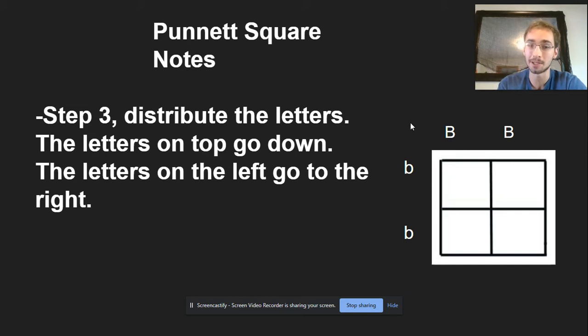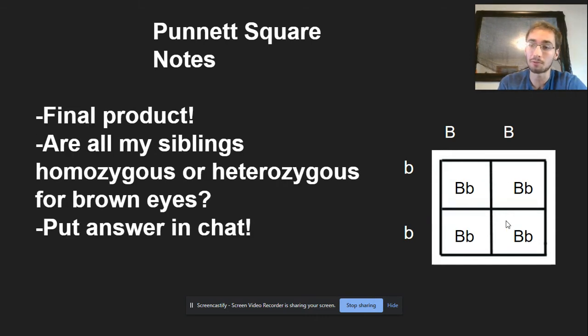The letters on top go down, so this B will go down in both boxes. I always like to do the capitals first, and then these little b's will go across. You should end up with 4 heterozygous brown eyes in your boxes, so all of this couple's children will have brown eyes.